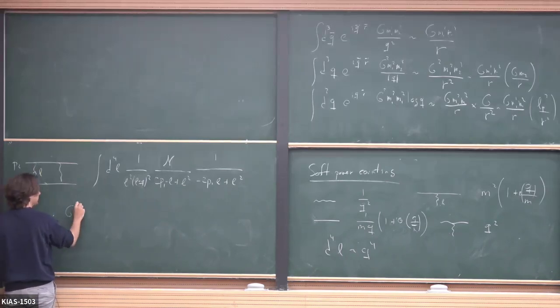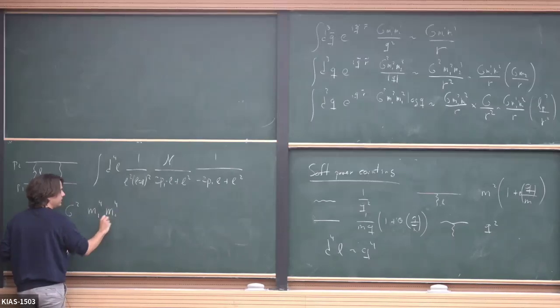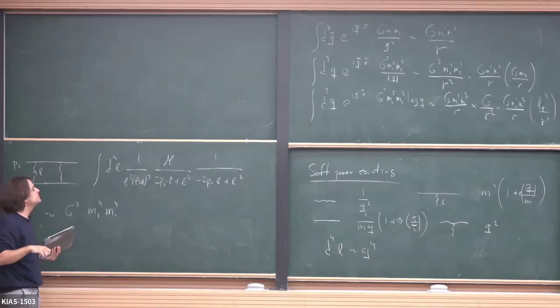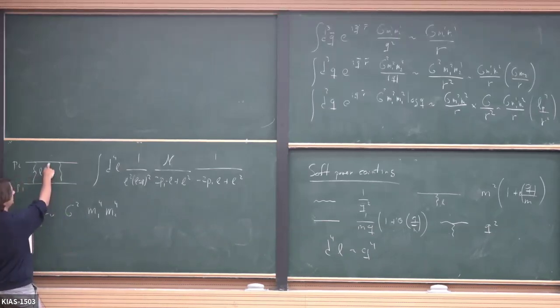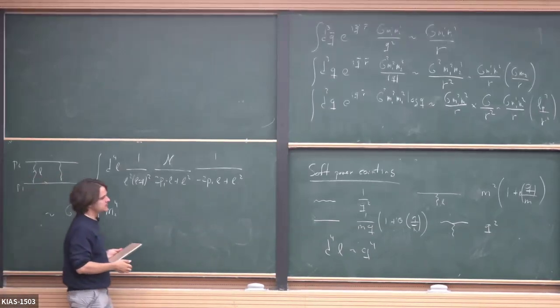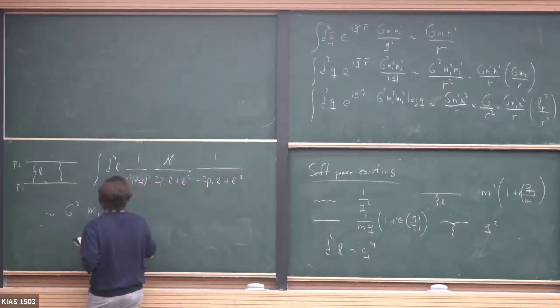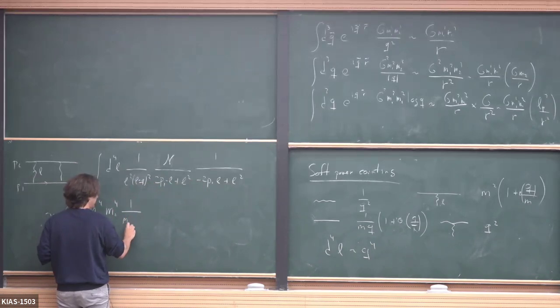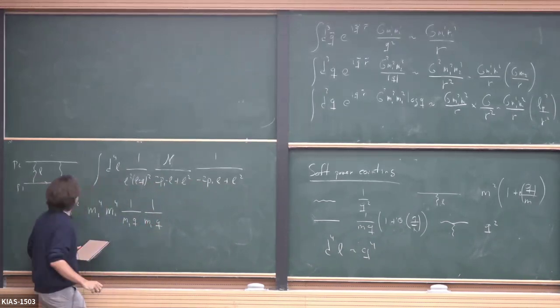So we're going to have g squared m1 to the fourth, m2 to the fourth. Now each one of the matter propagators goes like 1 over mq, so I'm going to have 1 over m1q, 1 over m2q.